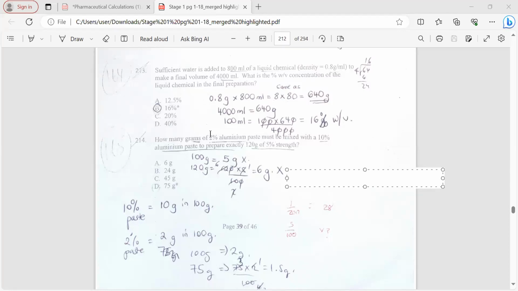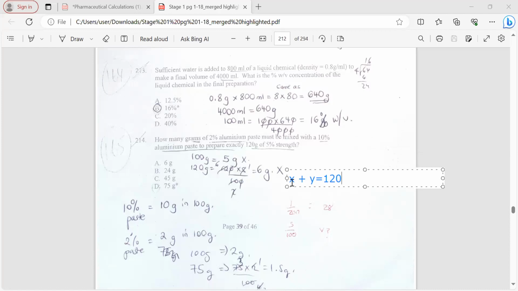So we need to add, let's say, x grams of the 2%, and add y grams of the 10%. We write 0.02x, then we get 120.